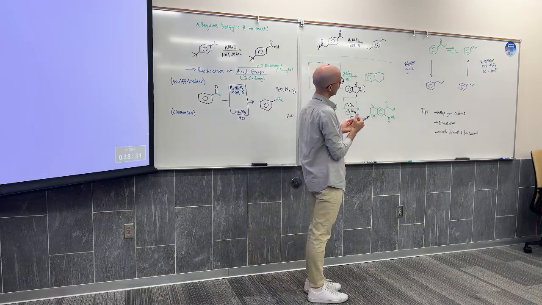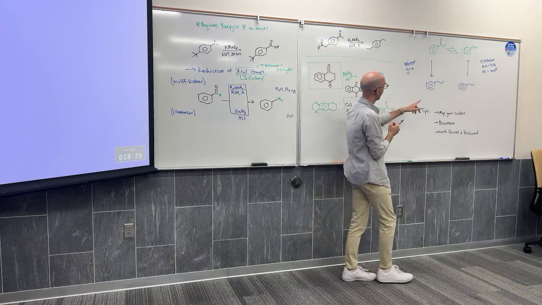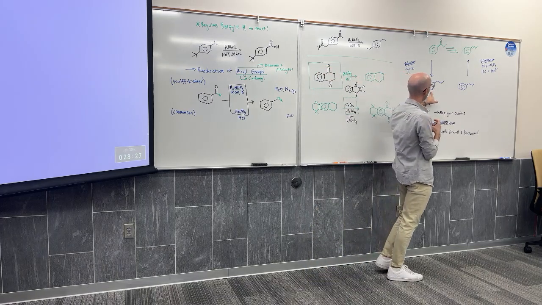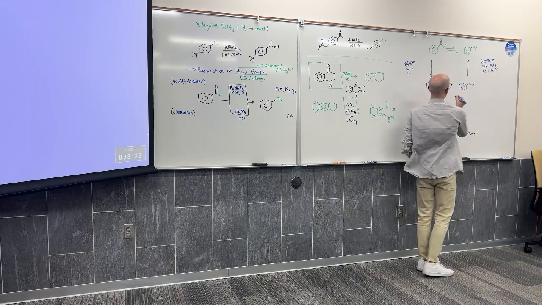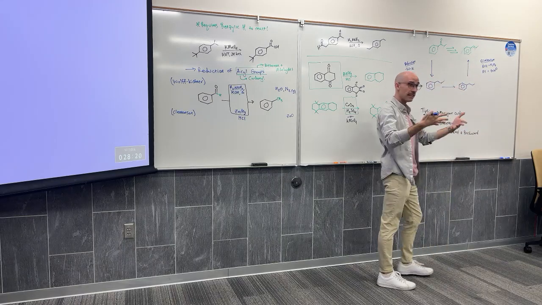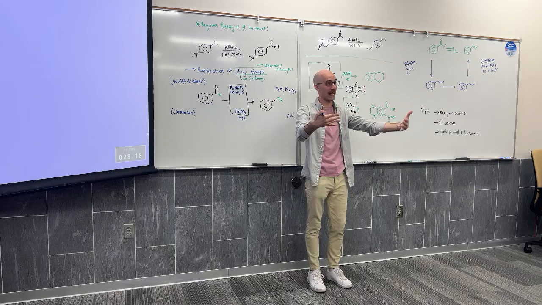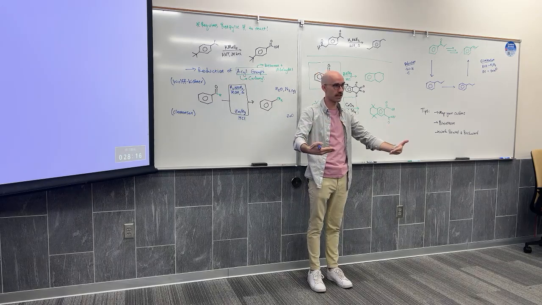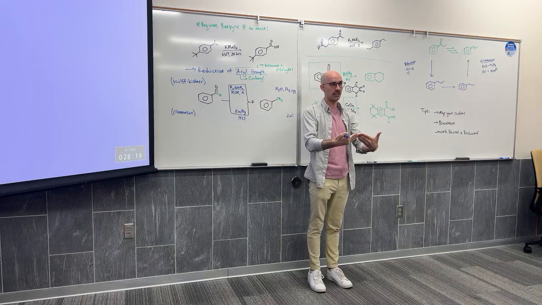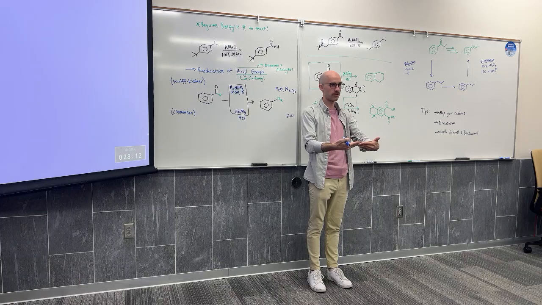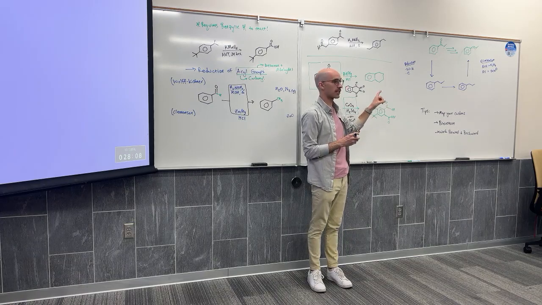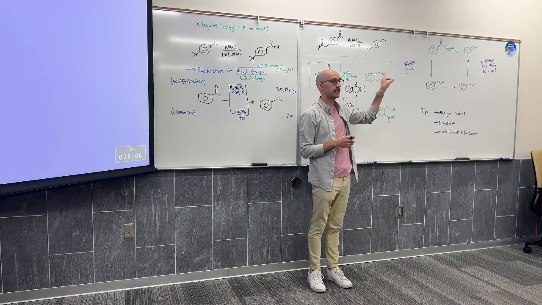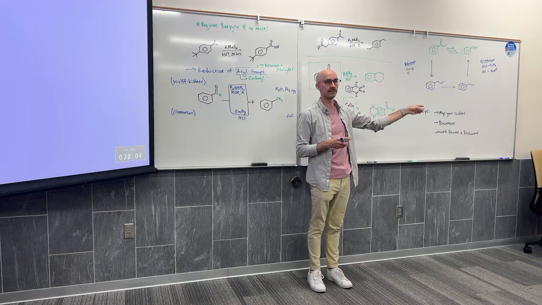So now I've got this idea where I've got an alkane. I need to get a leaving group on there so that I can do elimination. And this is the beauty of working forward and backwards, is a lot of times you kind of meet in the middle and you can figure out how those two directions need to connect. So is there a way to go from alkane to functionality?